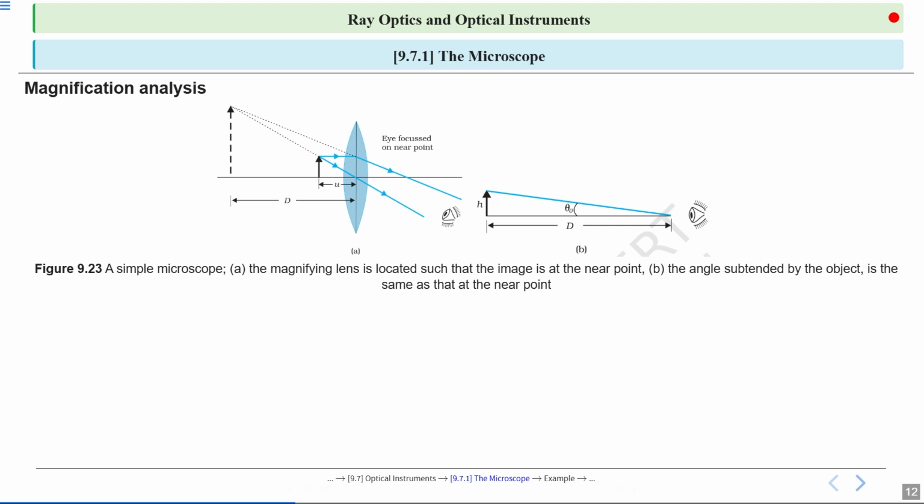Okay, the object is within the focal length, but the eye can see the object comfortably at the 25 centimeter near point. So we will take the object at least at the near point, and the angle subtended by the object placed at, or taken to be at, the near point at the eye is called the visual angle for the object.